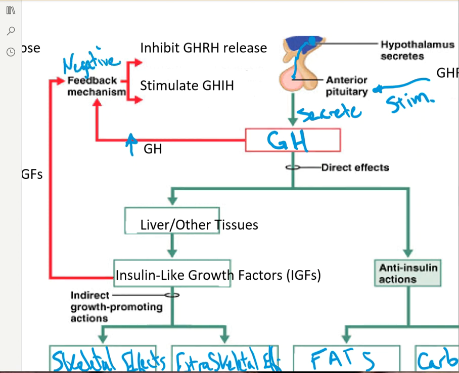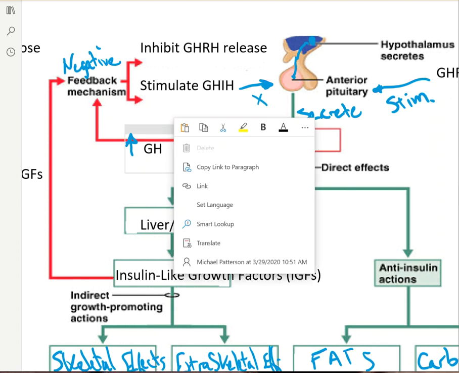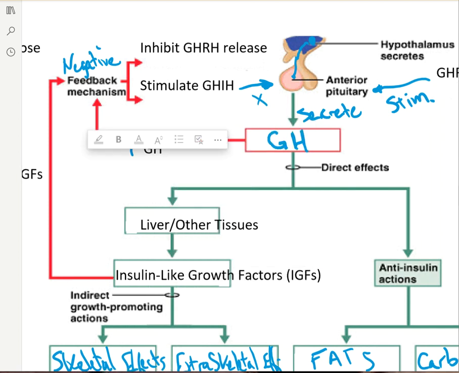And what that will do is inhibit GnRH, it'll stop the releasing hormone, and it will stimulate the GHIH, and that will cause the secretion to stop, right? It'll cause secretion to stop.